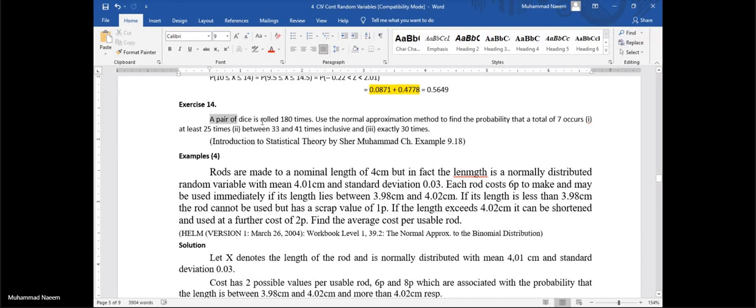Similarly, if a pair of dice is rolled 180 times, what is the probability that a total of 7 occurs at least 25 times, between 33 to 41?